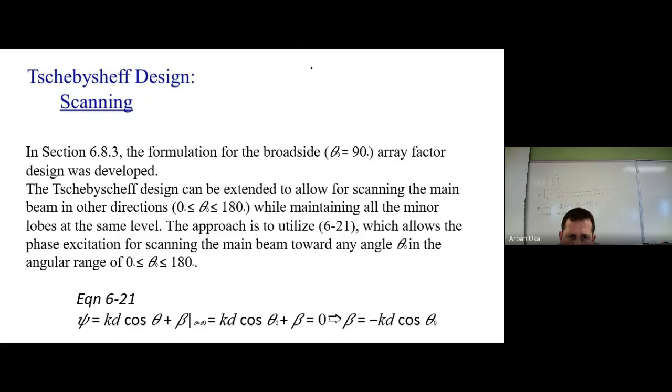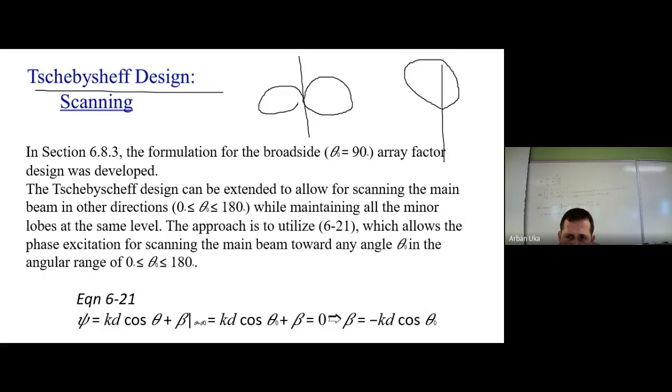Now, we said before that we can have antennas which are broadside, which is this and this. We can have antennas which are end-fire, which means that we're going to have distribution this way. But we can have also scanning. This scanning will be made possible for power distribution which can go, let's say, at an angle of 60.